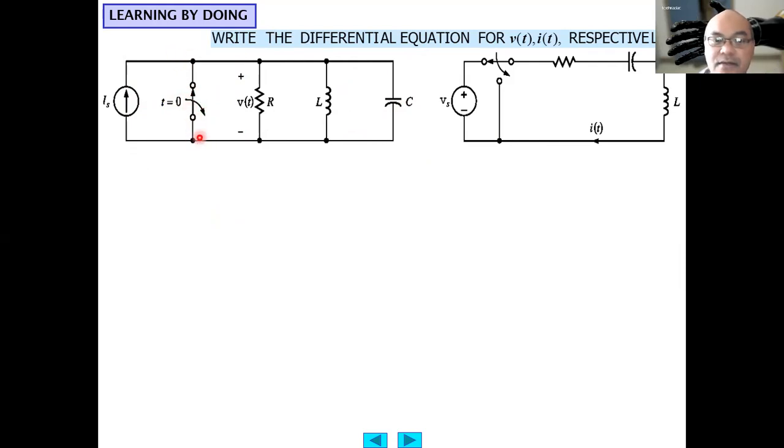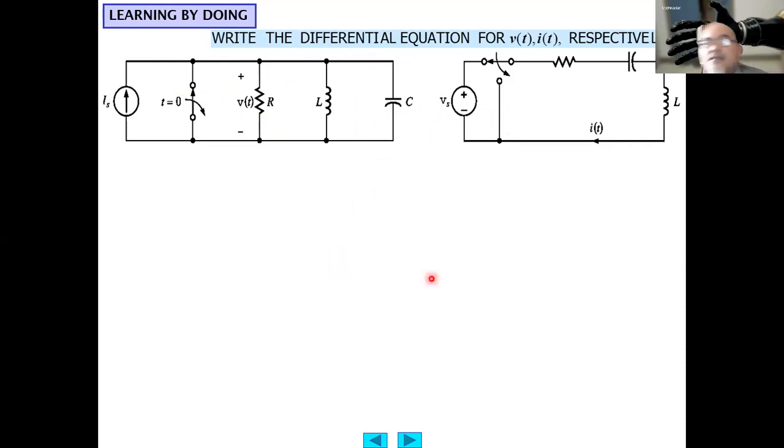So what does it mean? Before t equal to 0, all the current flows through only this branch, because this is a short circuit. The current does not flow in the other three branches. When t equals 0, this is disconnected, so current starts to flow through the resistor, the inductance, and the capacitance.